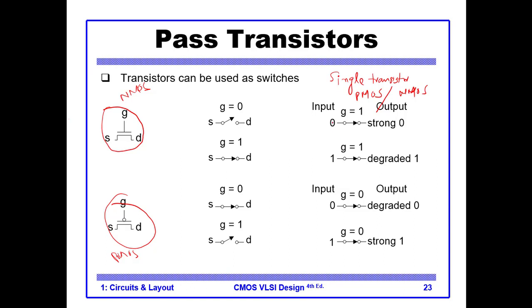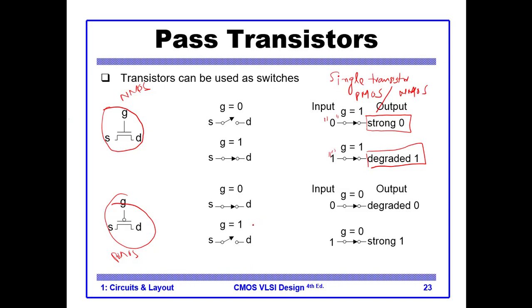So when it is closed, what is passed? Whatever is at the input. So if at the input we have logic 0, the output will be a strong 0. And if it is a logic 1, it will be a degraded one, because this is NMOS.